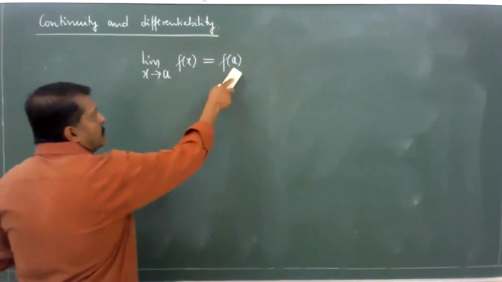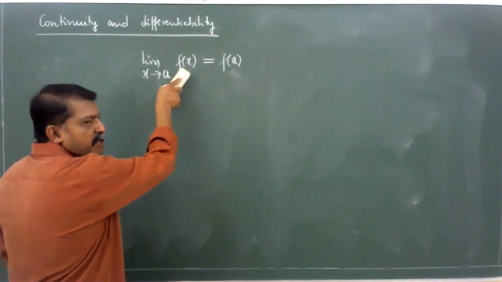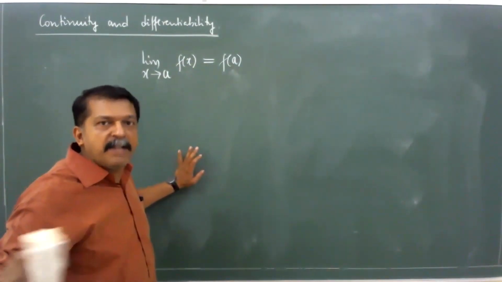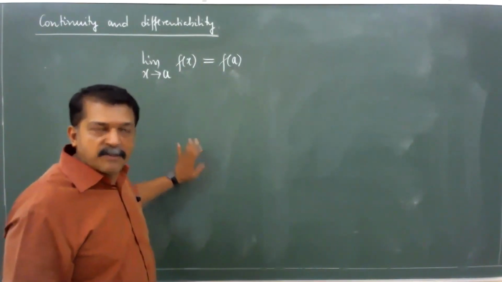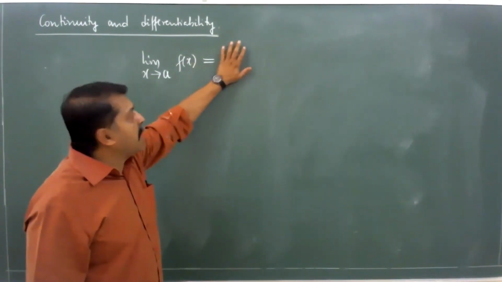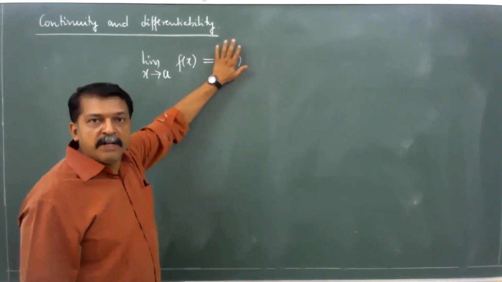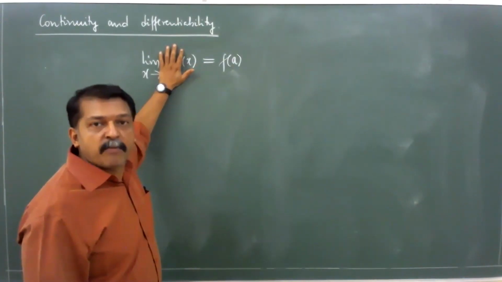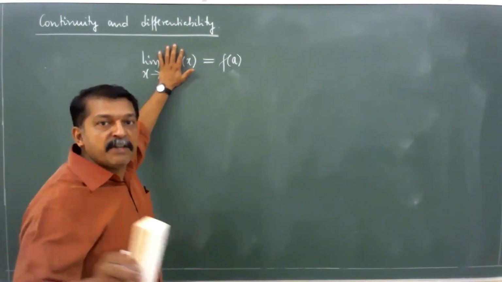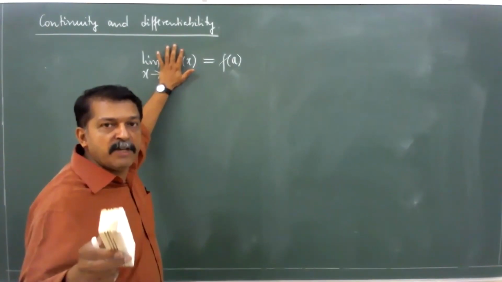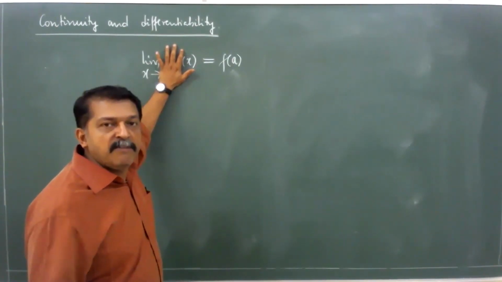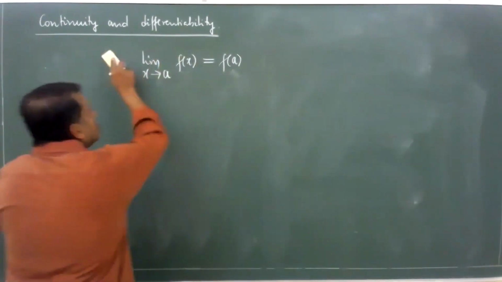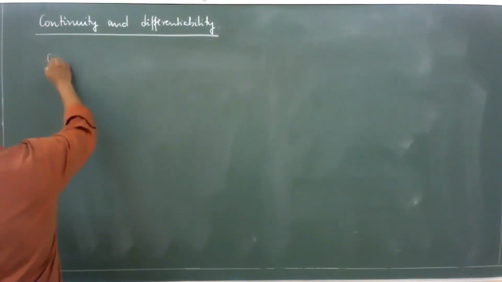Our behavior, if it matches with the behavior of our neighbor, everything will be very smooth in our life. Similarly, in mathematics, if the value of the function at the point matches with the behavior in the neighborhood, we say everything is fine, or in mathematical terminology, the function is continuous. I hope you understood the definition of continuous function.